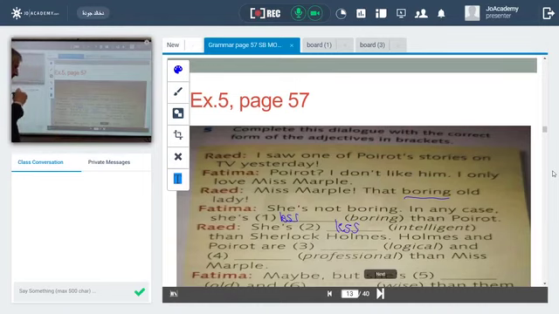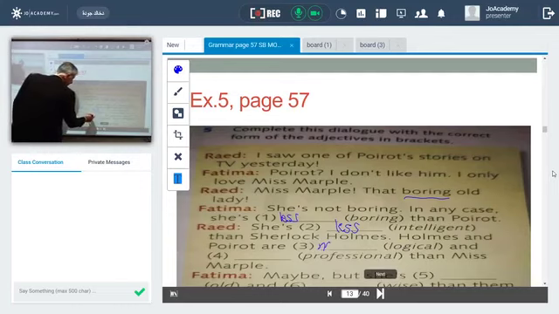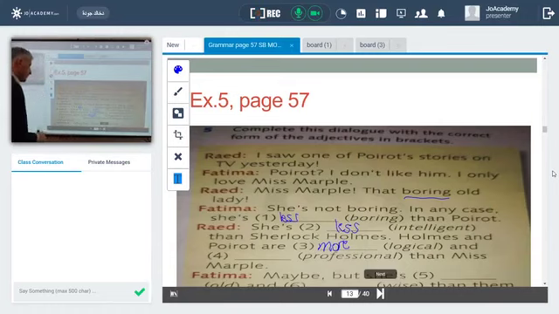What do you think the answer? Holmes and Poirot are more logical and more professional, more logical than Miss Marple.